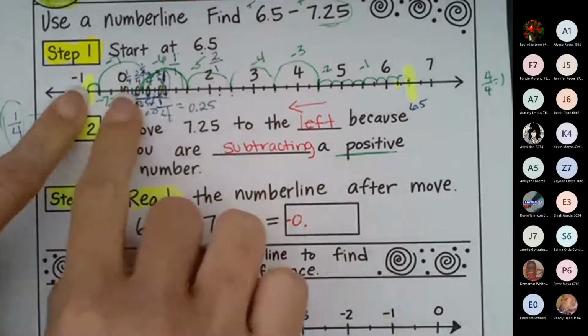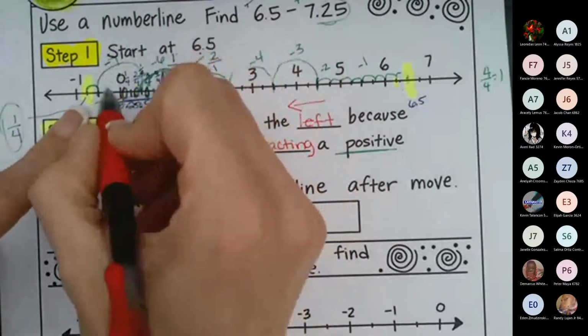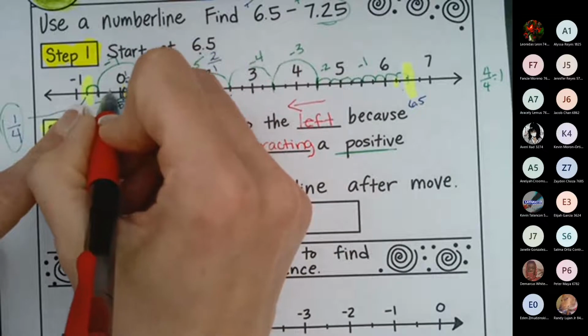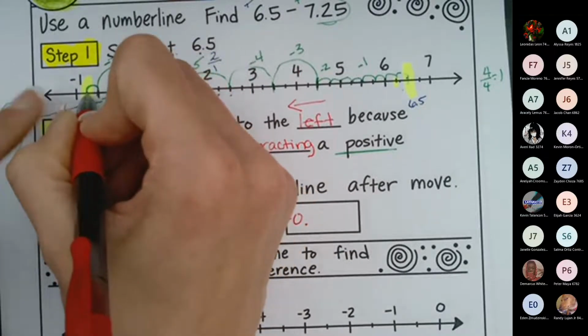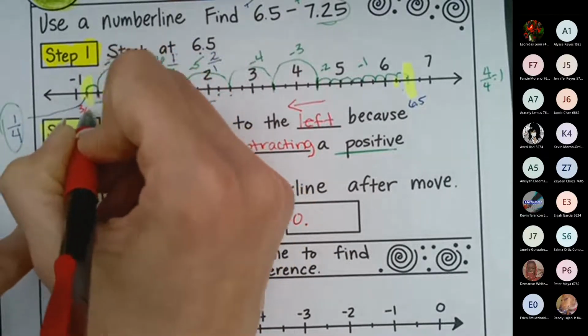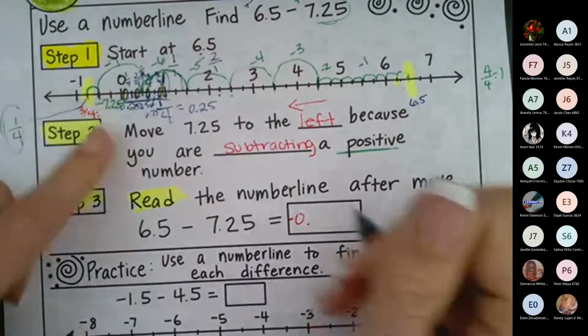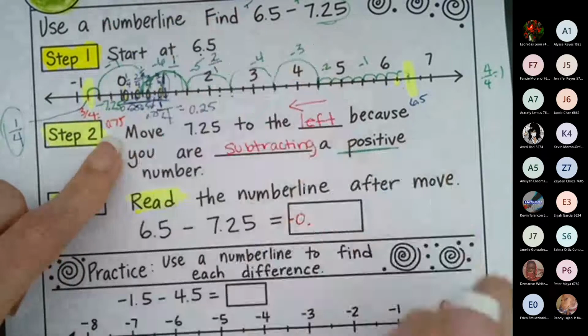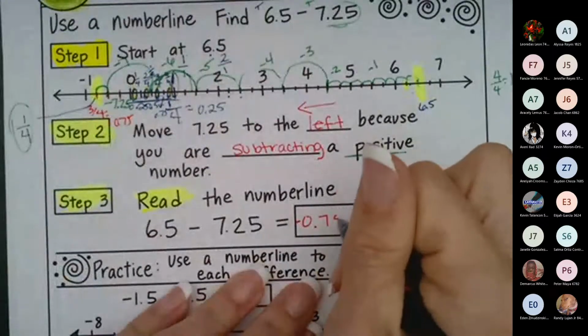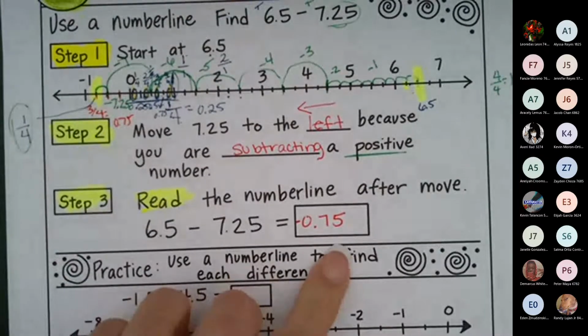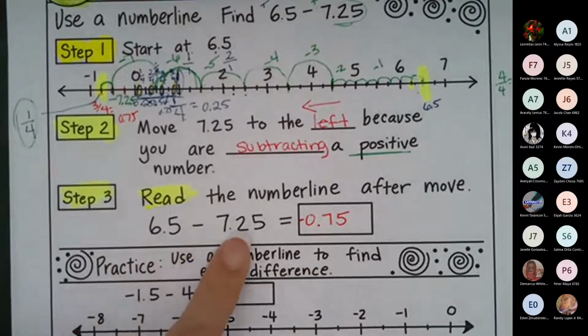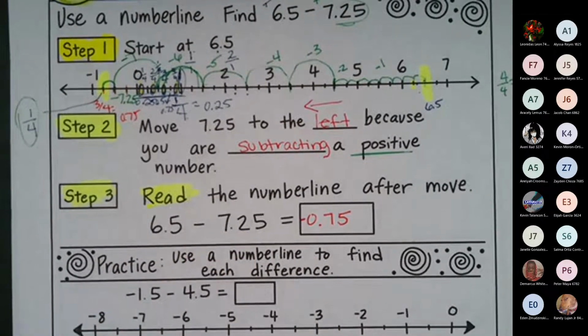It is less than 0, so I need to count my little lines over. I have a quarter, 2 quarters, and this right here is worth 3 quarters, or 0.75, like 75 cents. So my answer for 6.5 minus 7.25 is negative 0.75.